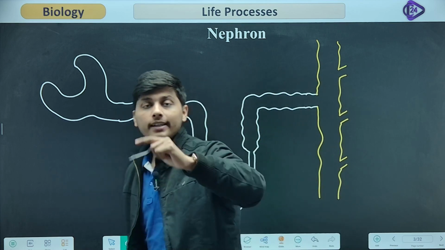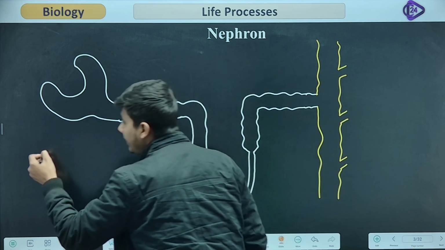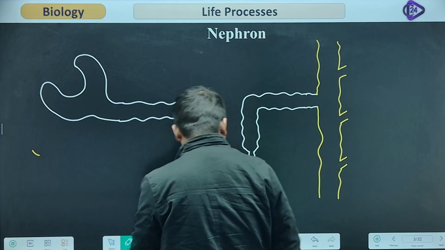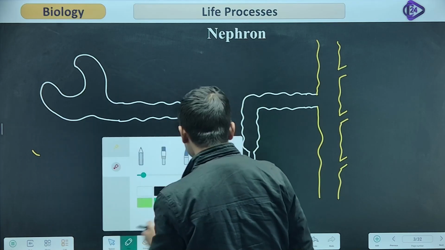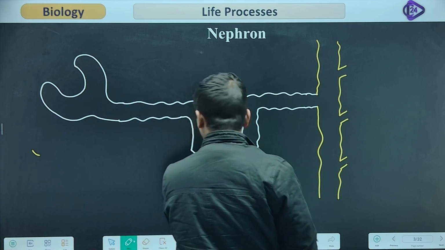Now, the renal artery which takes the blood into the kidney, the entry of the artery into the nephron is called the afferent arteriole. Let's understand this.